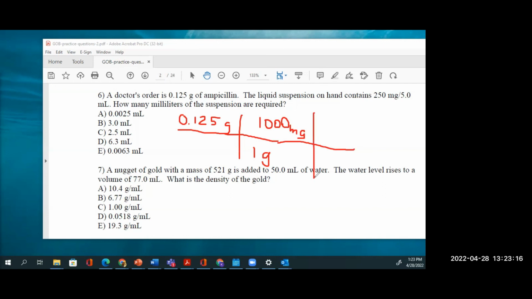Okay. And then 250 milligrams on the bottom. And I assume 1 milliliter on top.